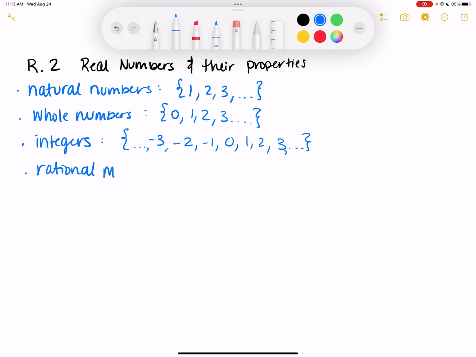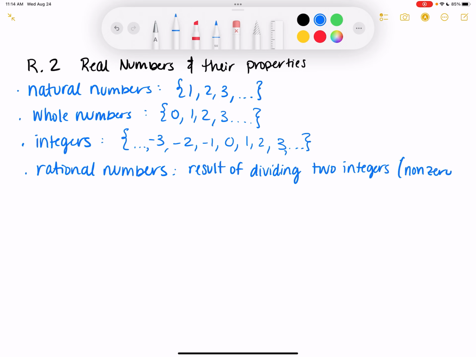Rational numbers are the result of dividing two integers, and it has to have a non-zero divisor.